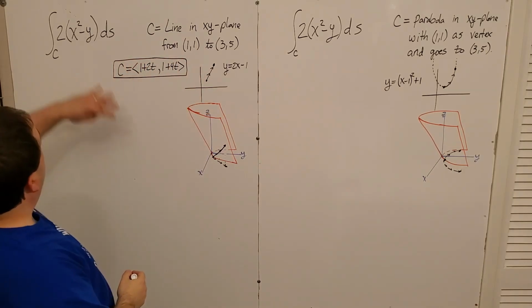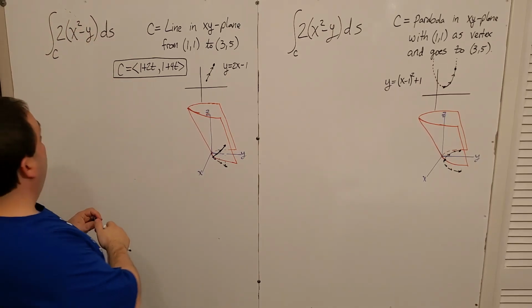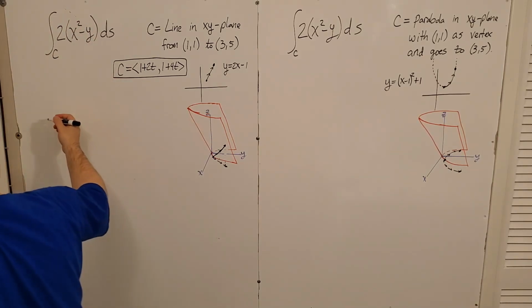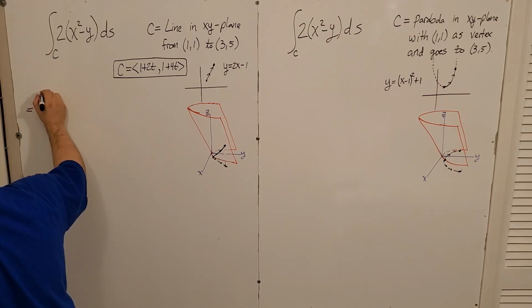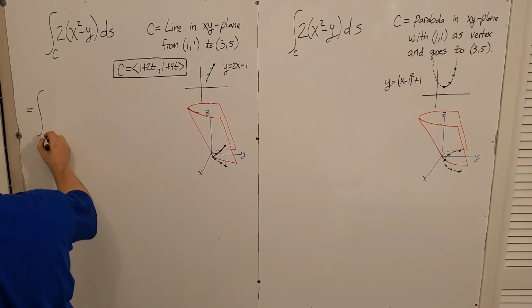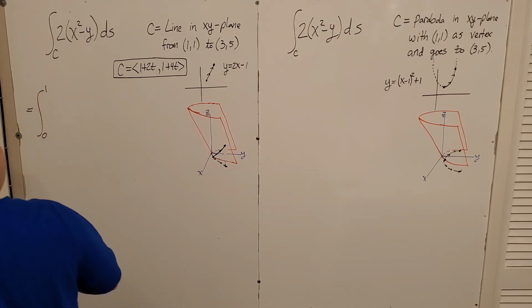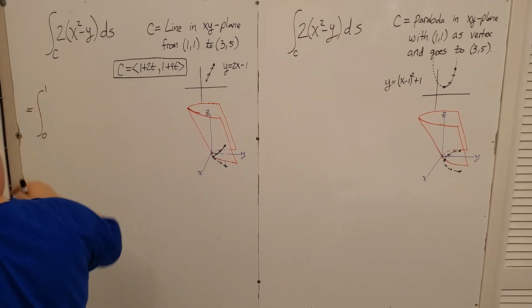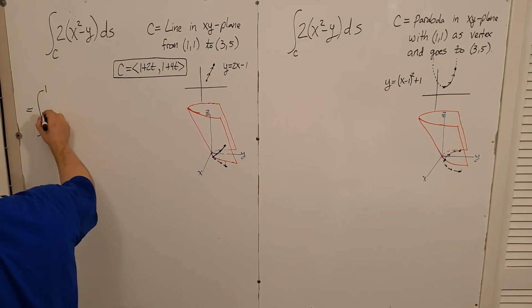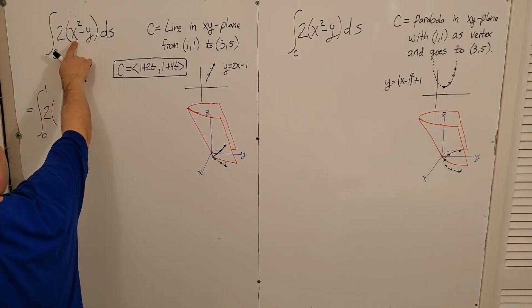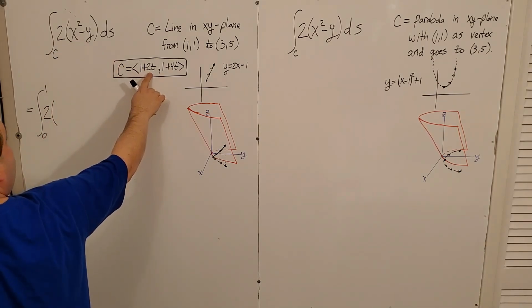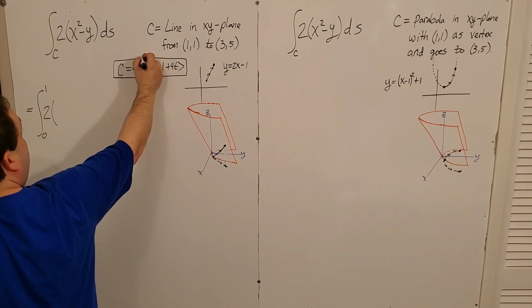Let's go ahead and put everything into the integral and get it ready to go. This is going to be equal to the integral from 0 to 1, because those are my two t values for my limiting pieces of the curve there. I've got my 2 times x, which is 1 plus 2t, right? This is my x right here.